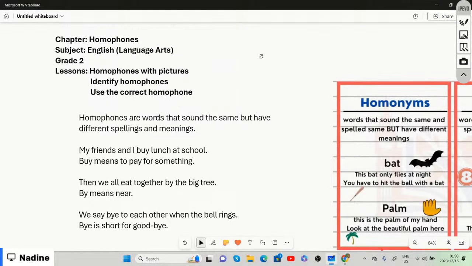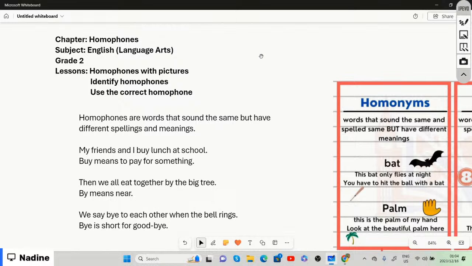All right, so our chapter is homophones. Our subject is English language arts, Grade 2.